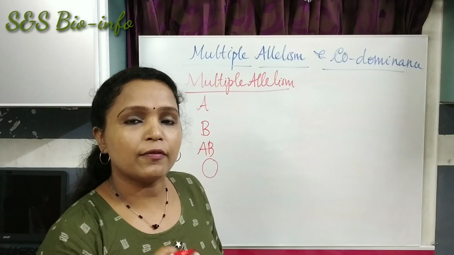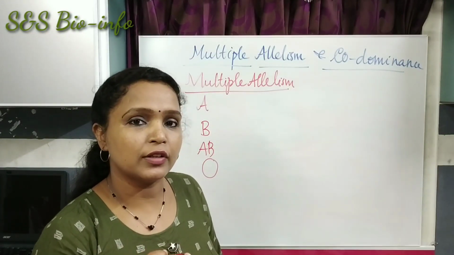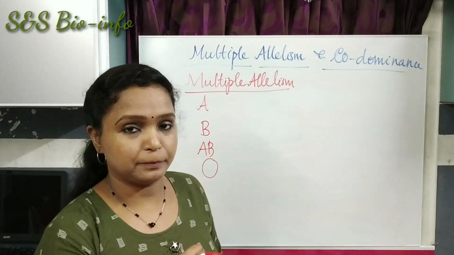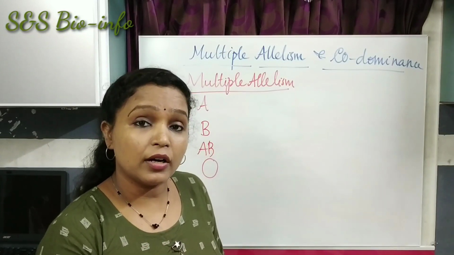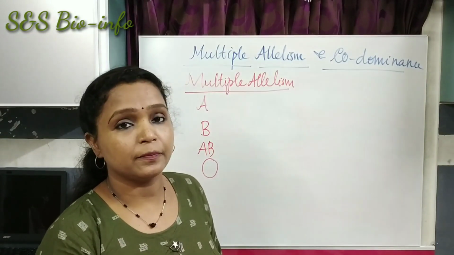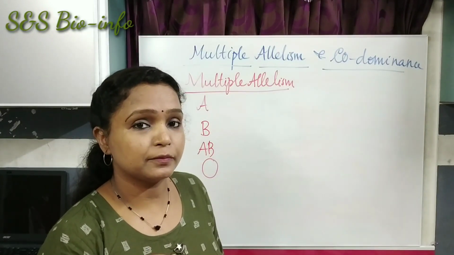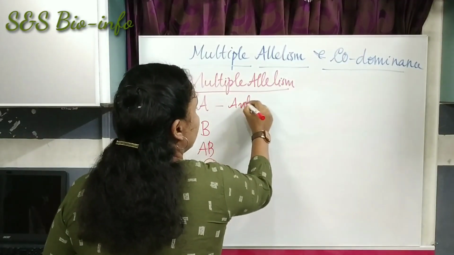These blood groups are found in human beings based on the presence or absence of antigen A and antigen B. If a person has antigen A in his RBC, such blood group is blood group A. So here antigen A is present.